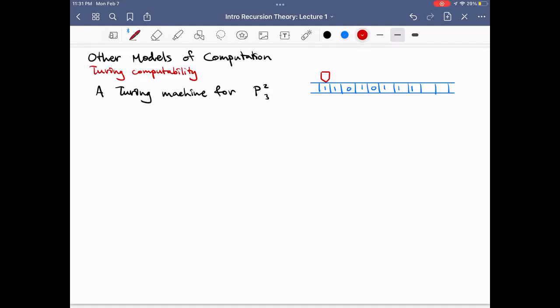So if you recall how I said that the function computed by a Turing machine works, suppose that this is the input, so the input is 2, 1, 3. So the output is supposed to be the number 1. It would be enough if we could get the head to move over here.